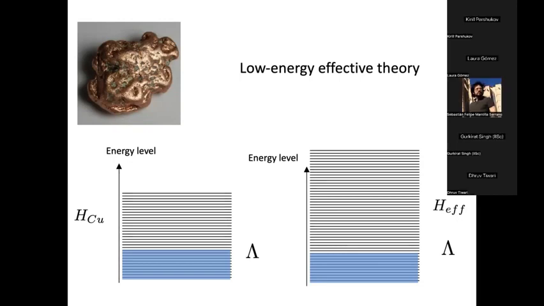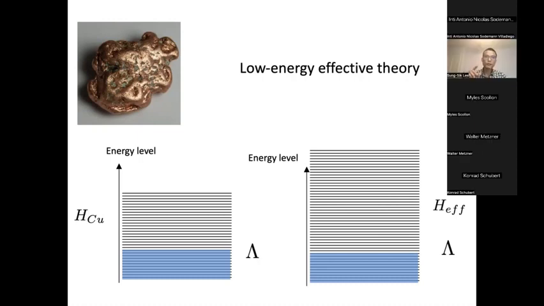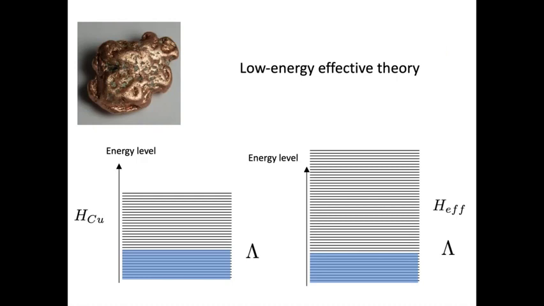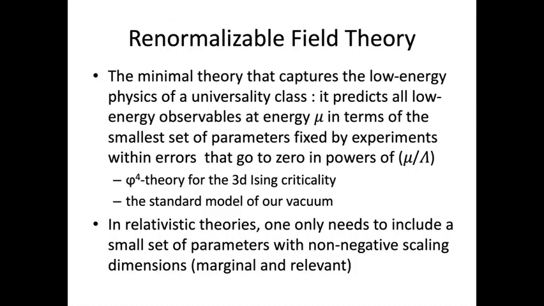And the goal of the effective theory is not to capture the physics in the entire energy scale, but to capture the low energy physics within certain accuracy. And in achieving this goal, the powerful language that has been developed in the 20th century is the renormalizable field theory.